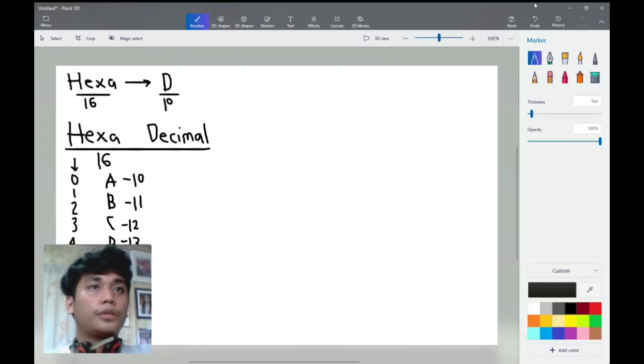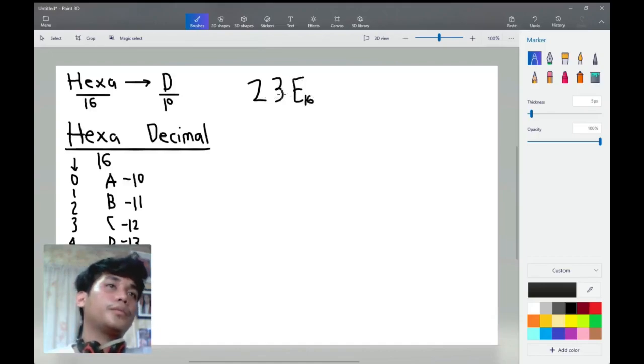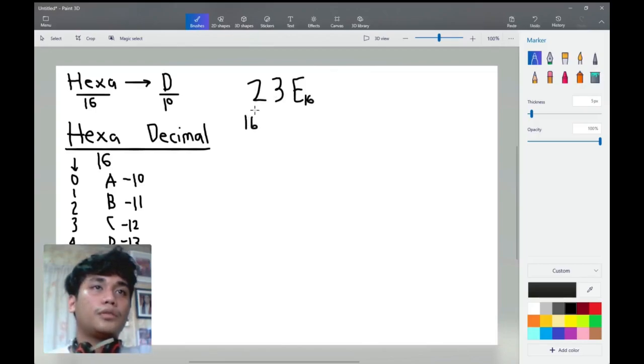So let's convert. We shall consider 23E base 16. We're going to convert these numbers to decimal. So we have 16 to the power of 2, 16 to the power of 1, 16 to the power of 0.